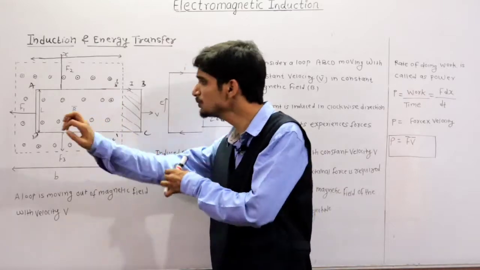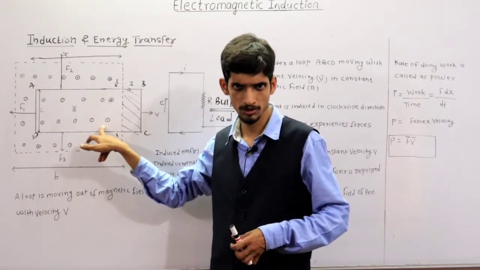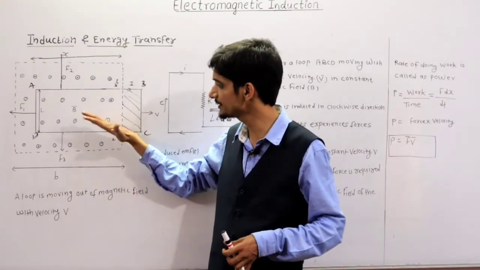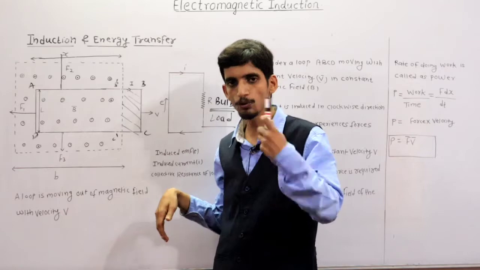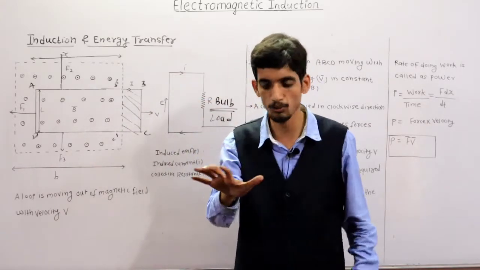Now as you know, using the right hand palm rule, this magnetic field is coming out of the plane. I am using the right hand palm rule, not Fleming's right hand rule.